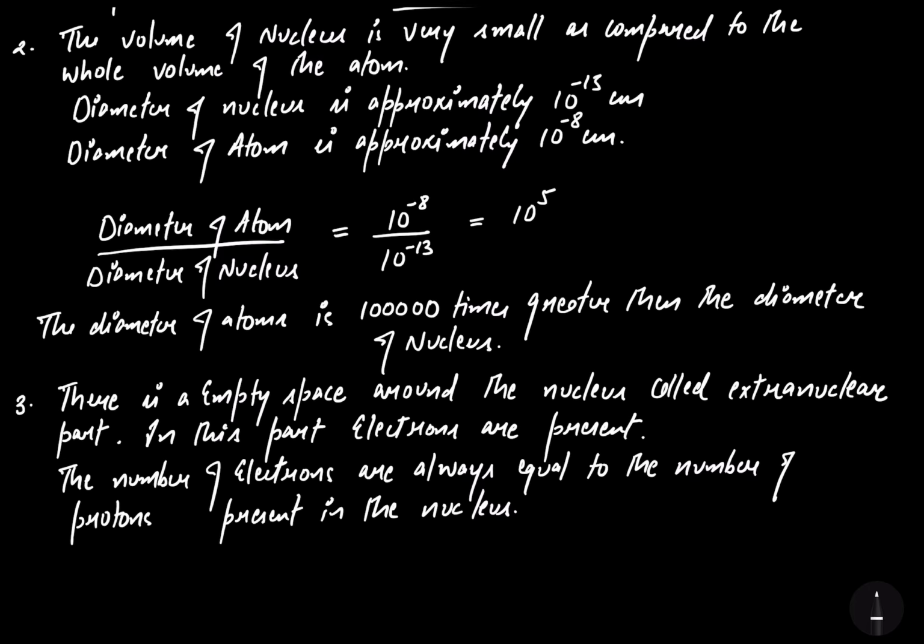Now, the nuclear part of the atom is responsible for the mass of the atom, because you know that the mass of a proton is 1837 times the mass of an electron. I have already told you this in the previous lectures. So practically, when we talk about the mass of an atom, we talk about the mass of the protons, and all the protons are present in the nucleus, so it will be the mass of the nucleus only.